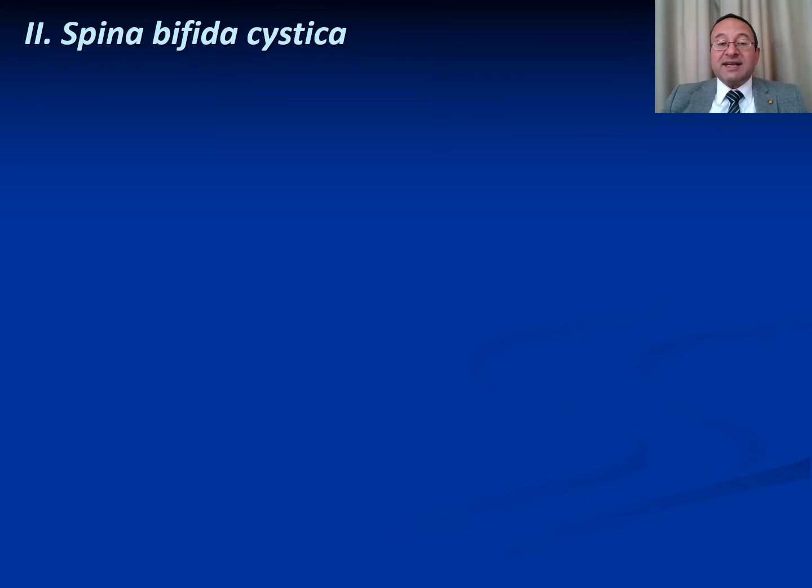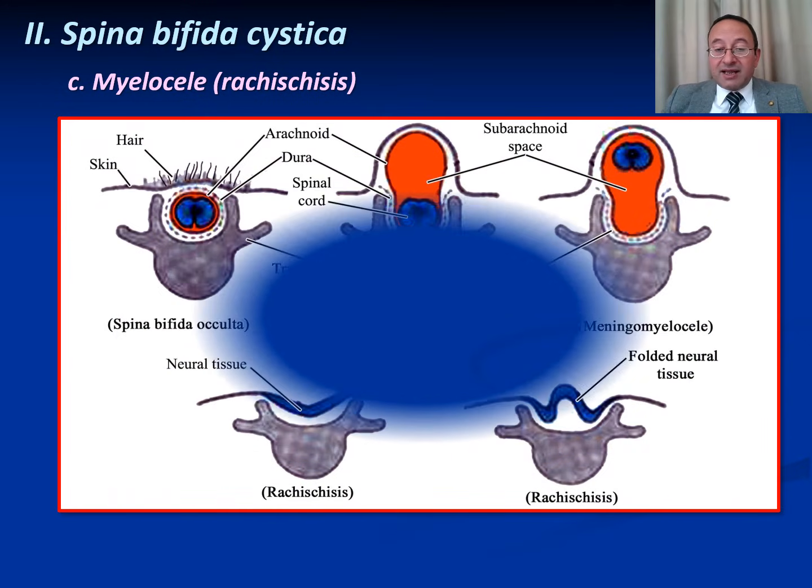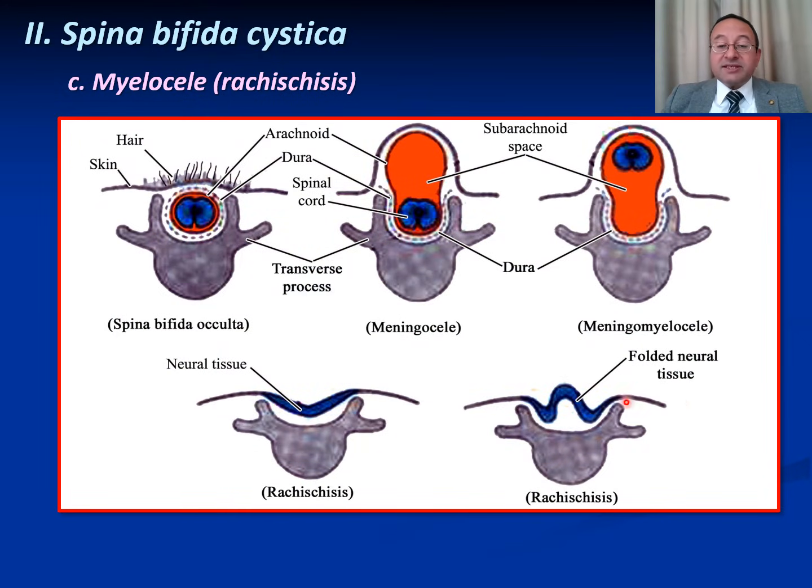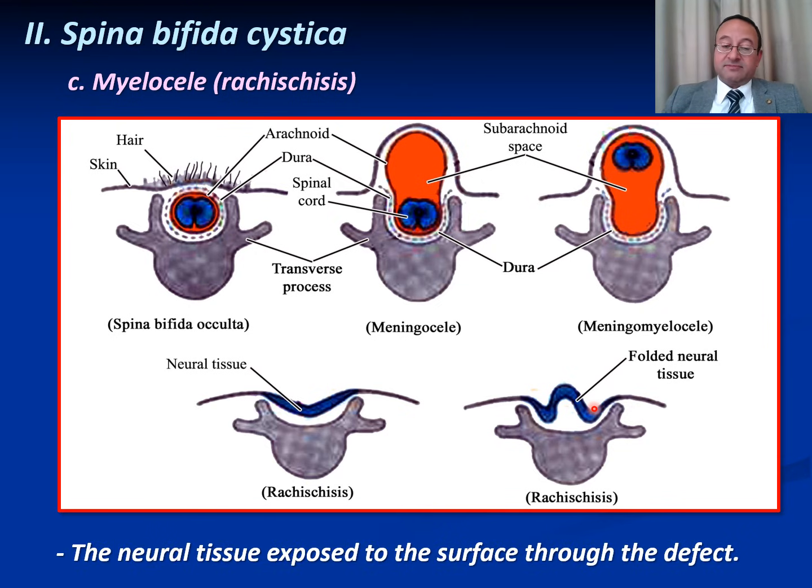The third variety of spina bifida cystica is called myelocele or rachischisis. In this type, there is exposure of the neural tissue itself on the outer surface of the back of the baby.